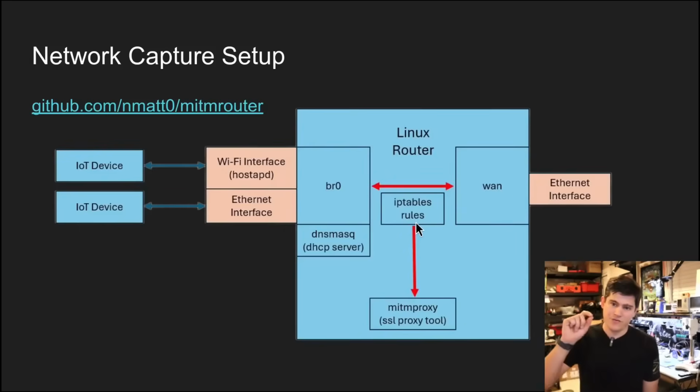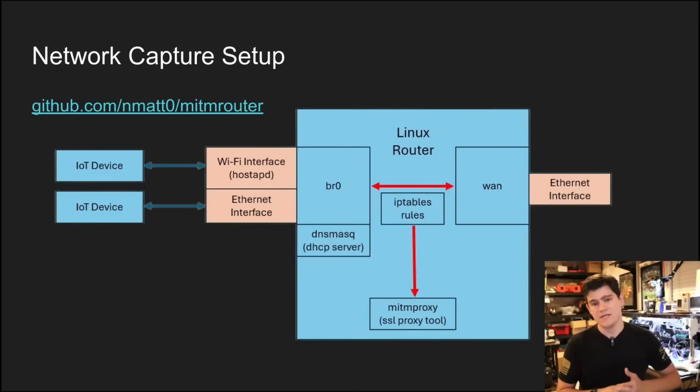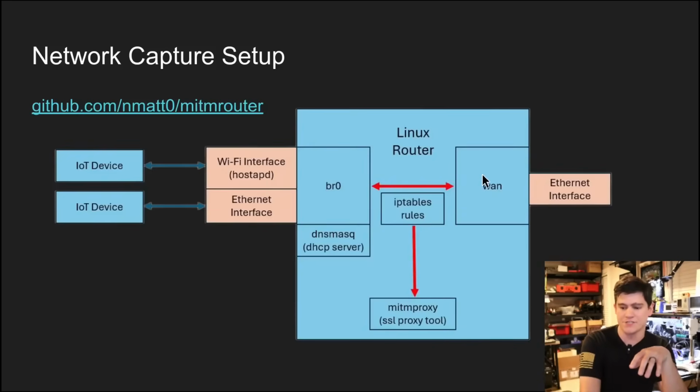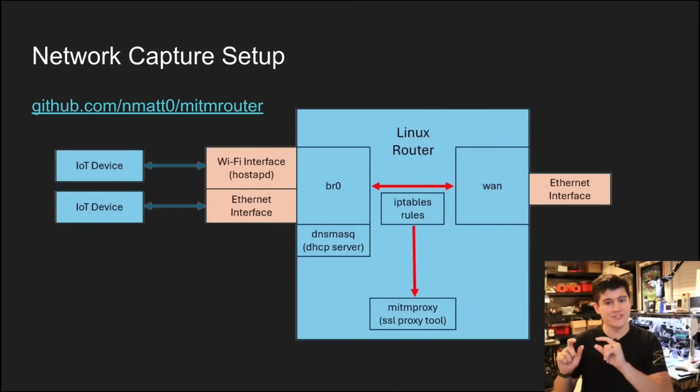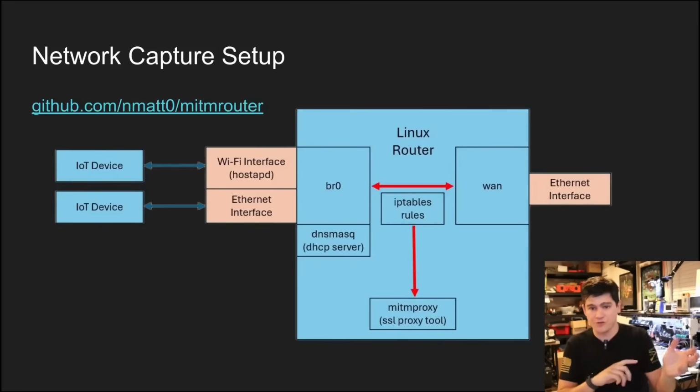And then we get back to iptables. So iptables, if you're not familiar, is the built-in Linux facility for managing firewall rules. And one of the cool things we can do with these firewall rules is, as we're passing traffic between our WAN and our LAN interface, we can set certain rules to redirect certain traffic, where we can filter based on source or destination IP or source or destination port, oftentimes both of those.